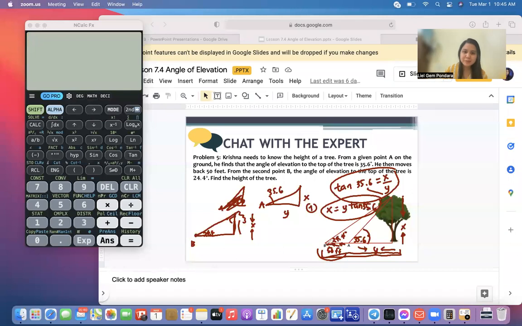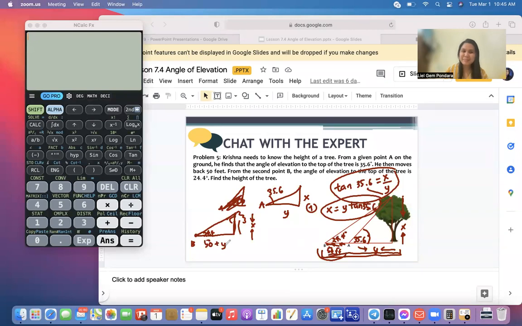What's the distance from point B to the tree? No, you check here. The distance from B to A is 50 feet, right? The distance from A to the tree is Y. So you add them. That's going to be 50 plus Y.